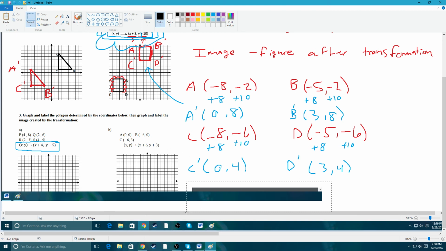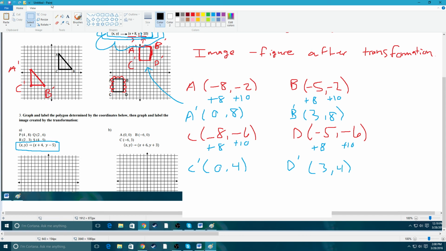Whoops, that should be deleted. Okay. You say x, y, and they want you to transfer it to something else. So you're going to have an x, and it depends on what they say they want you to do. If they say write a rule that says transfer a figure to the left 3 spaces and up 5 spaces, okay?